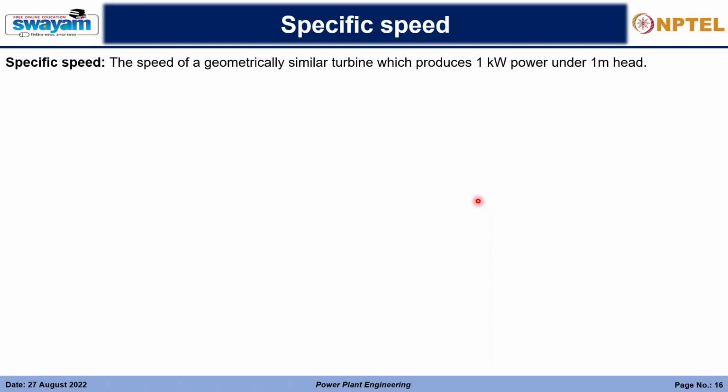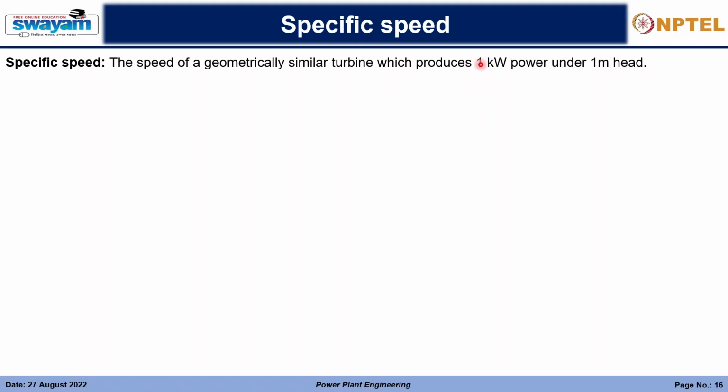We can experiment on a very small scale, so we have to scale down the whole thing. Geometrically everything is the same, but we have to scale down in order to analyze it. We cannot directly go and do experiments on the actual big turbines and dams. That is why specific speed is a very important parameter that needs to be understood properly.